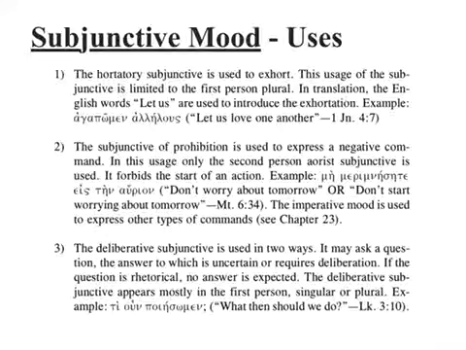Again, context is what's going to be the key for how you translate it. You just have to keep these in mind. Mainly, when you come across a subjunctive, I recommend going to your grammar, looking at the uses, and trying to find one that fits within the context, if that makes sense.